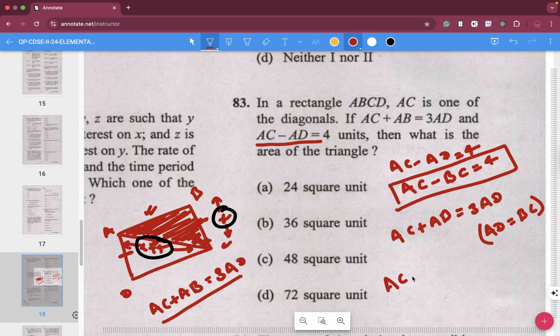So AC plus AB is equal to 3 times BC is what you have.